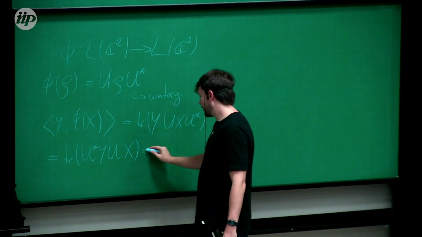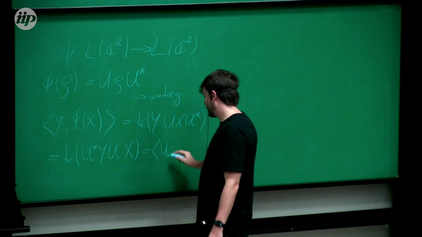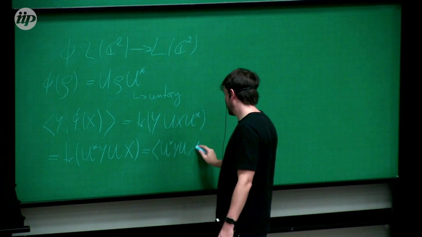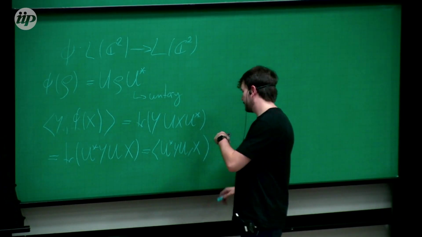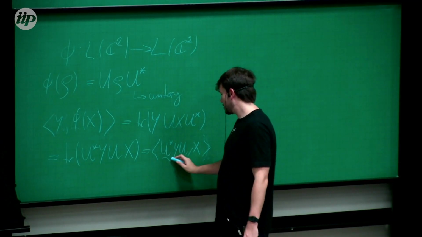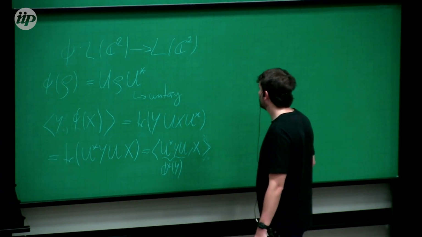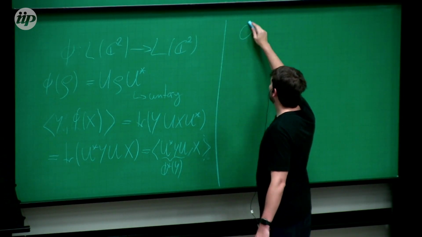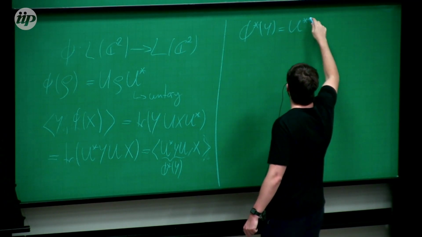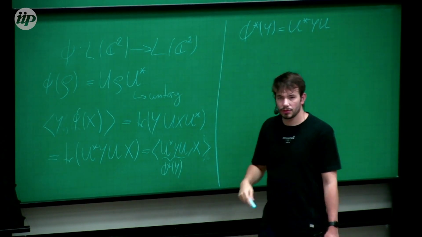This is the same as the scalar product with something else, and this is what we will then call phi star of y. So phi star of y would just be u dagger y u.